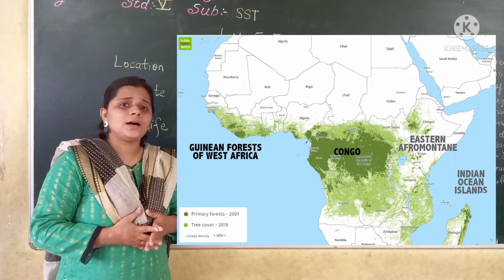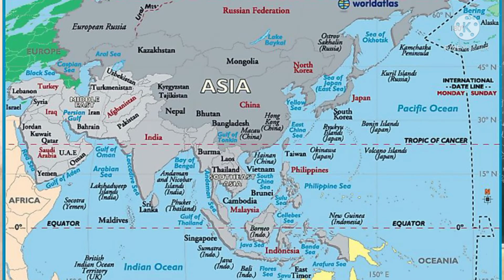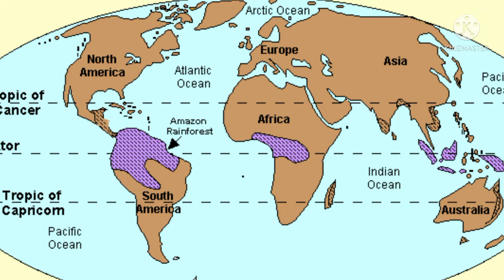And in South Asia, which countries lie here? Malaysia, Singapore, Sri Lanka, parts of India, right? And Australia is also found in this zone. So this we have discussed about the location.